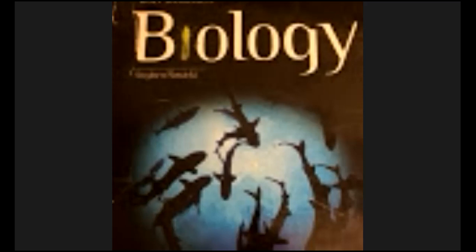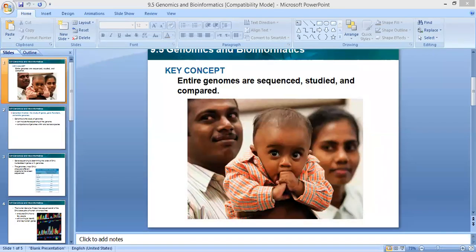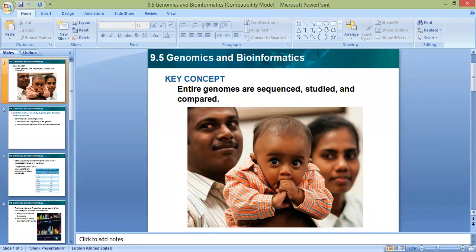Now let's go to section 5. In section 5, we will come to genomics and bioinformatics. We said that entire genomes are sequenced, studied, and compared.